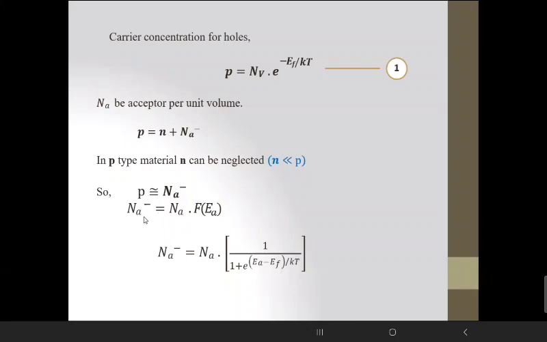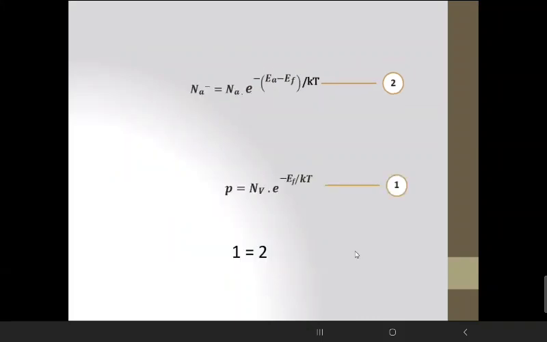First you need to find Na minus, which is equal to Na into the probability F(EA), so Na into 1 over exponential of EA minus EF over KT. So Na minus is equal to Na into exponential of minus EA minus EF over KT, and P is equal to Nv into exponential of minus EF over KT.